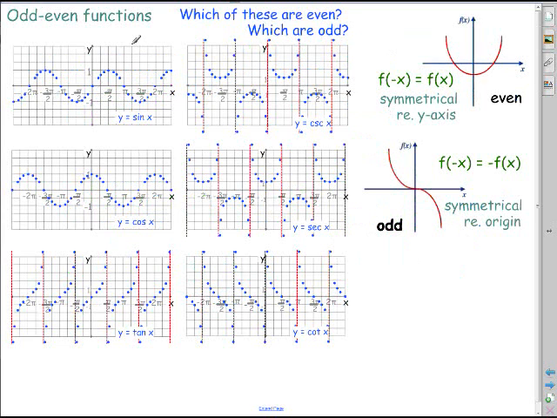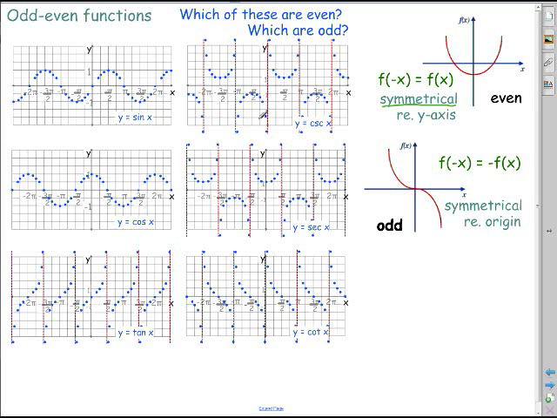So we want to, of course, think about this in terms of trig functions. Which of these are even and which of these are odd? Remember the test for even, if it's symmetrical with regard to the y-axis? Well, this one is not, so that's not even.